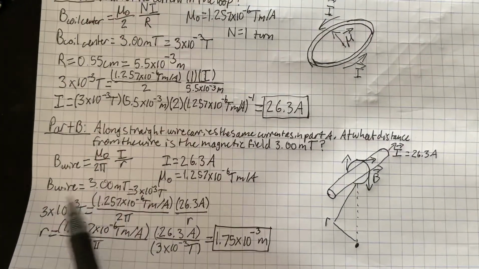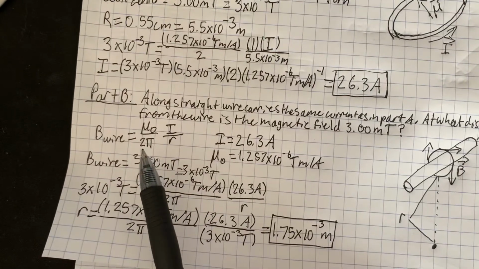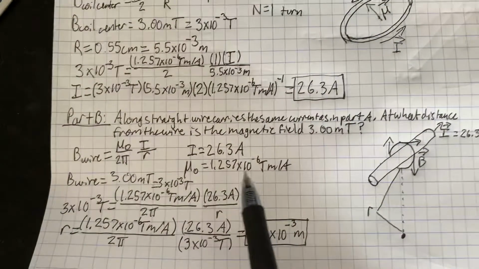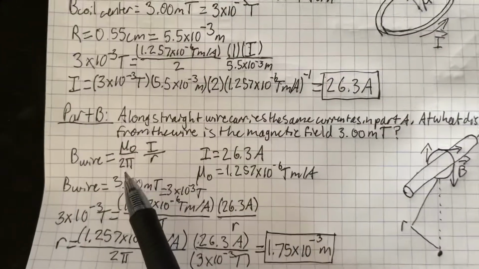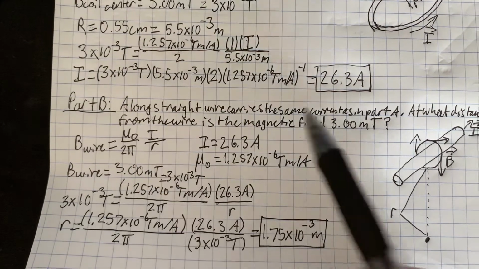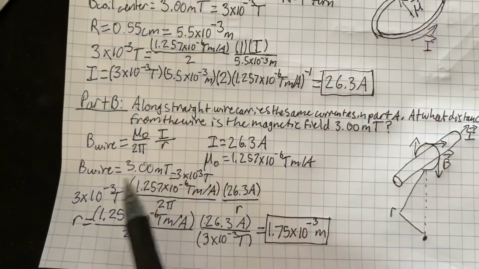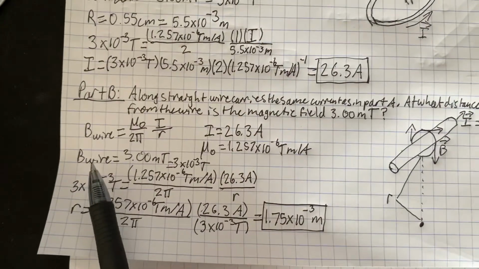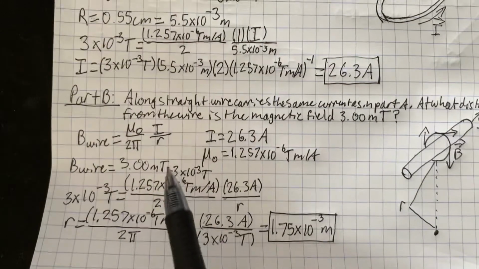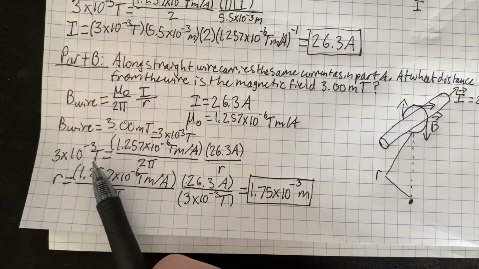So for a straight wire, our magnetic field is equal to our constant, this constant right here, 1.257 times 10 to the negative 6th, divided by 2 pi times our current divided by the distance from the wire. So since our B sub wire equals 3 milliteslas, or 3 times 10 to the negative 3 teslas, we can plug that in.